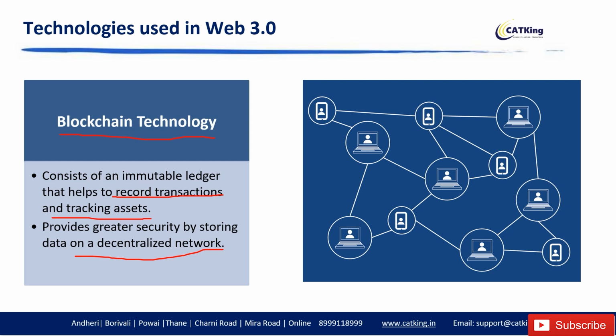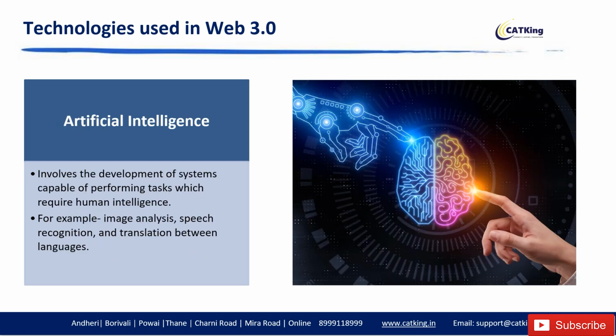Okay, let's move on to the next technology. The next technology that is used in Web 3.0 is artificial intelligence, one of the very, very developed and progressing technologies in today's day and age. What is happening in artificial intelligence? Basically, it involves development of systems that are going to be capable of performing multiple tasks which require human intelligence.